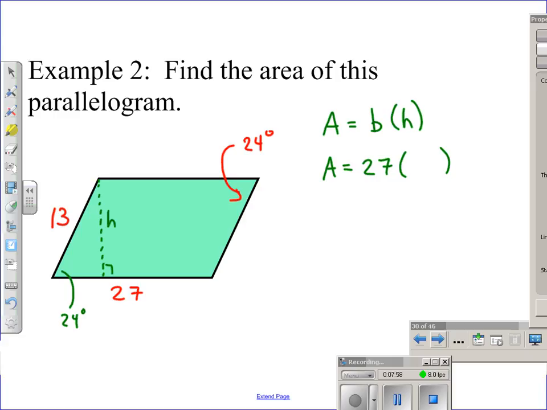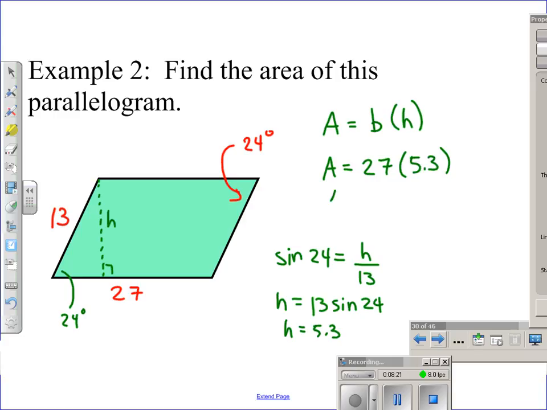So the sine of 24 is equal to our height over 13, meaning that our height is going to be 13 times the sine of 24. That gives us a height of about 5.3 units.